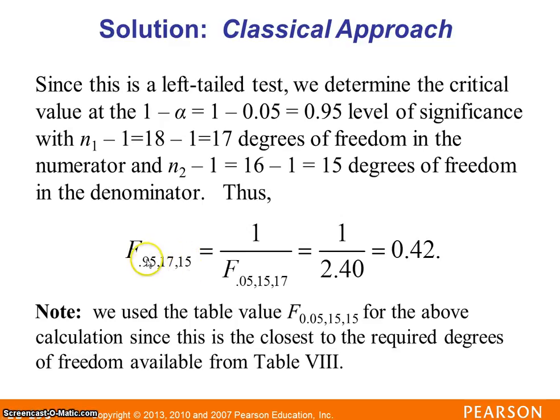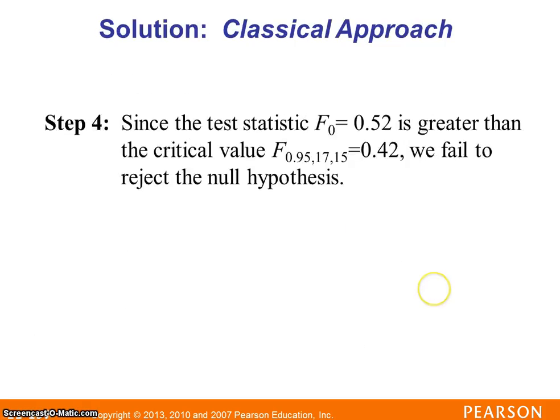Now if you look up this value in table 8, you won't be able to find it. So what we will do is use the formula 1 over the F value for 5%, and then switch the degrees of freedom around, which will give you 1 over 2.40, which gives you 0.42. Then compare that to the calculated value we got there.